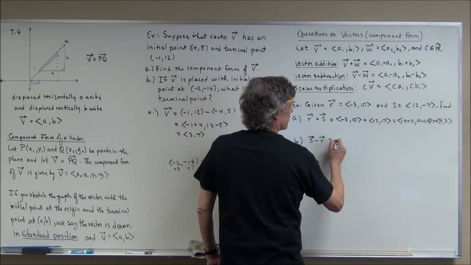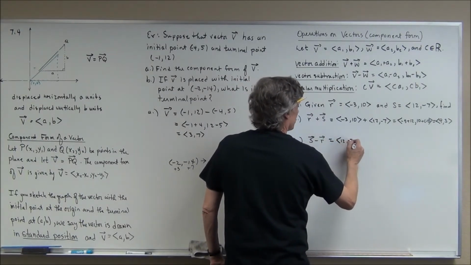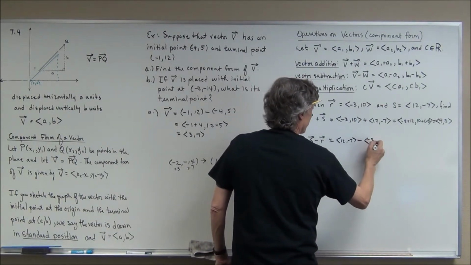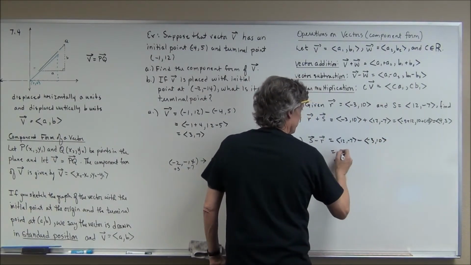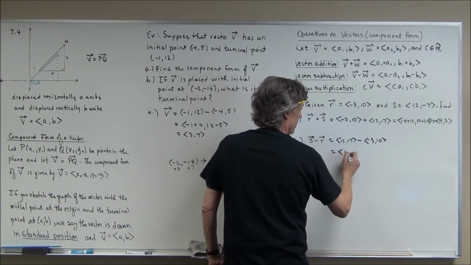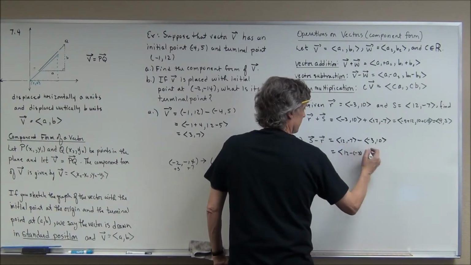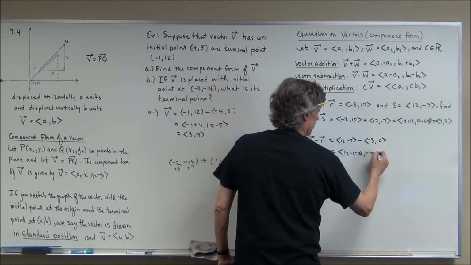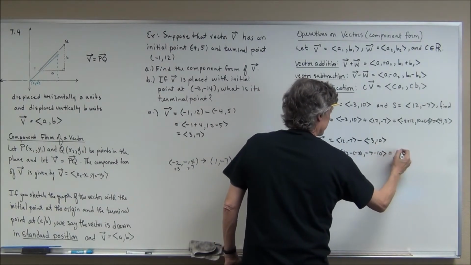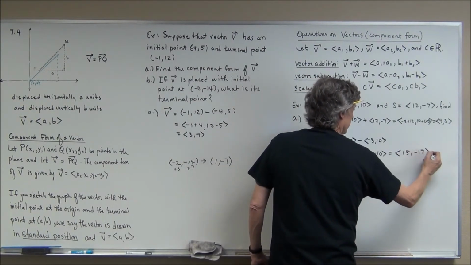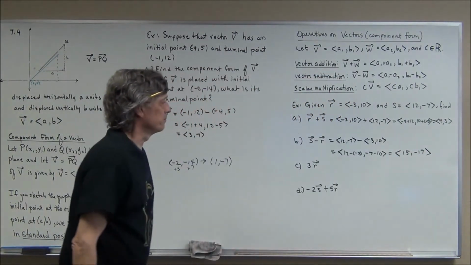This becomes vector s, which is ⟨12, -7⟩, minus r, which is ⟨-3, 10⟩. So this becomes ⟨12 minus -3, -7 minus 10⟩. And this becomes ⟨15, -17⟩. And that's your vector.